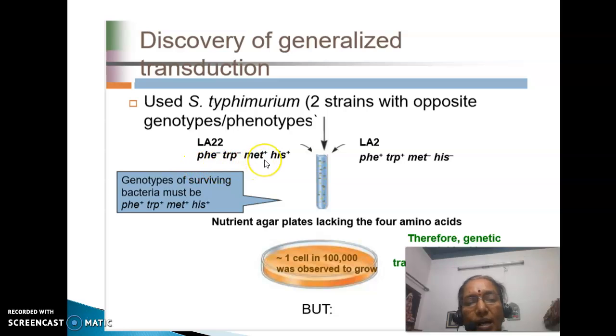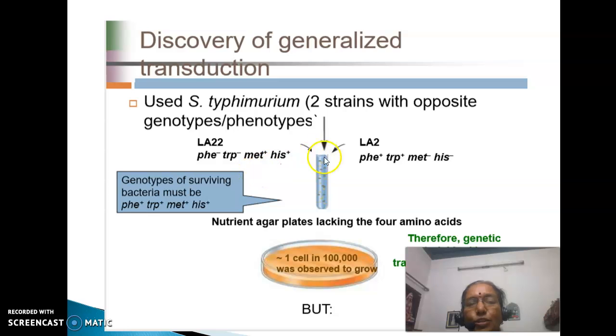All four are amino acids. The LA2 strain, in contrast, can synthesize phenylalanine on its own. It can also synthesize tryptophan, but it lacks the necessary enzymes for methionine and histidine. So we put phenylalanine minus, tryptophan minus in the case of LA22, and these same two characters are plus in LA2, which can make them.